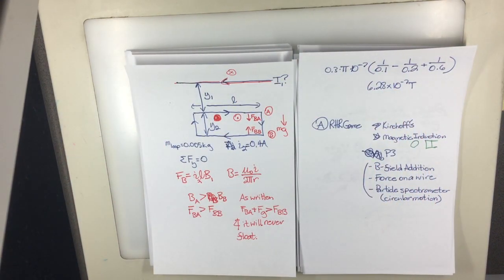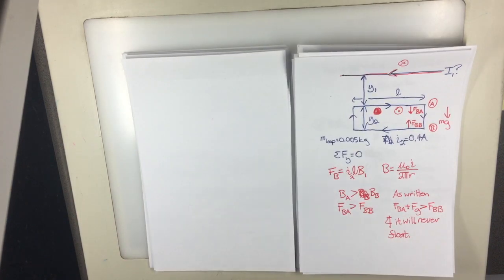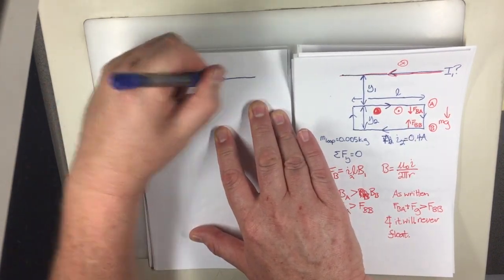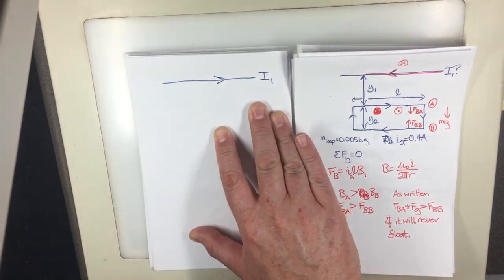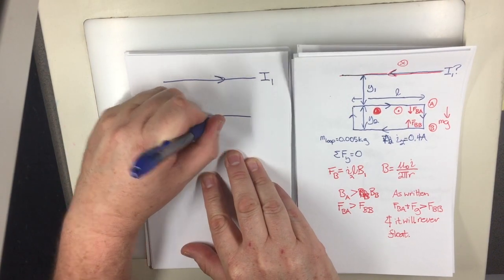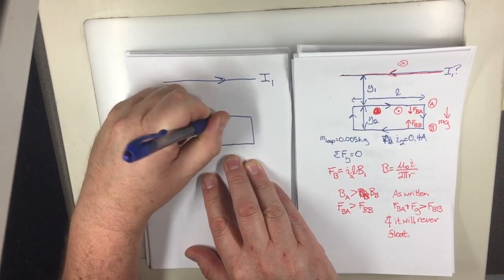Let's not do that. So what I'm going to do is flip the current in I1, so it goes from left to right. The current in this wire is still clockwise.